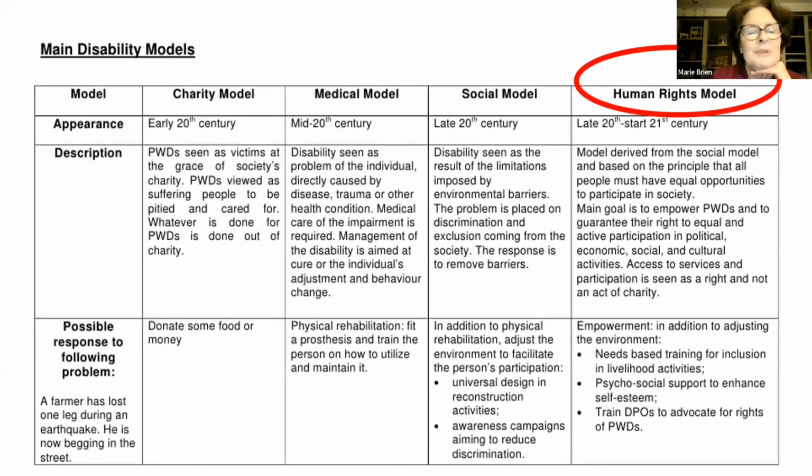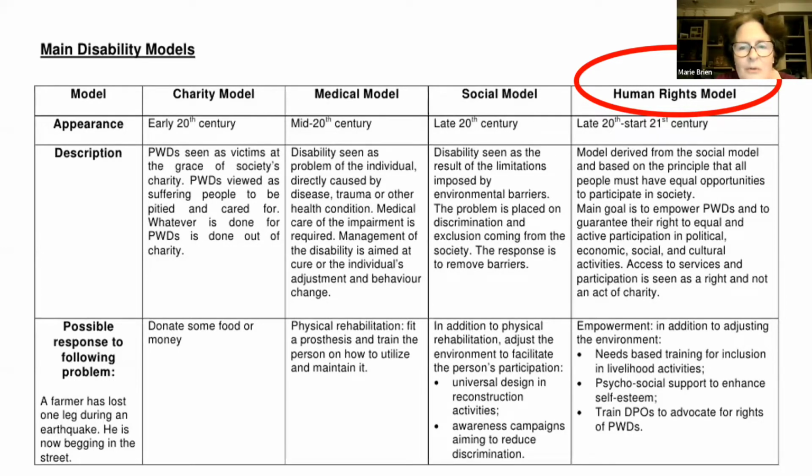Just to give you a bit of the background of how far we've come, from the charity model to the medical model to the social model. And what we want to move towards now is the human rights model, of course. The human rights model goes beyond the social model of disability.